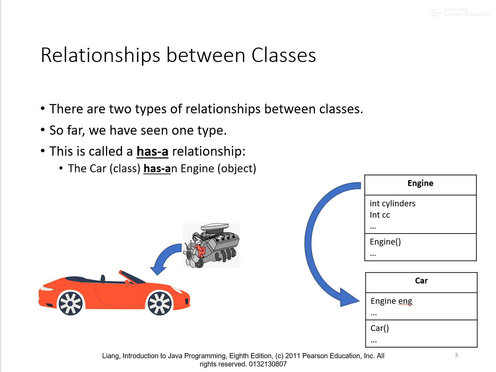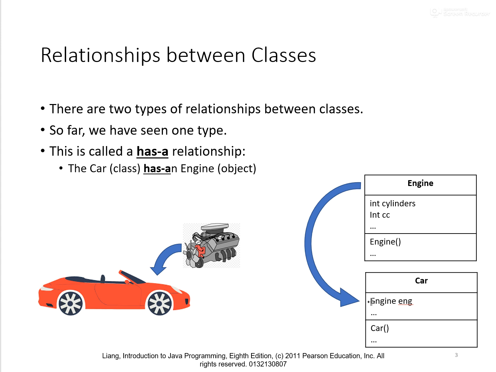We've seen that in the sense that if we want to model this figure in front of us, a car and an engine, we could make a class called engine, and that could contain some member variables, like how many cylinders the engine has, the size of the engine, how many cc's it has. It'll have its own constructor and maybe some other methods. And then we could have a separate class for the car, which can have its own methods and member variables, of course.